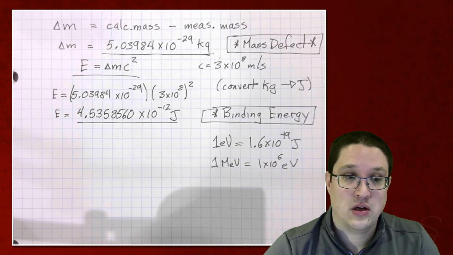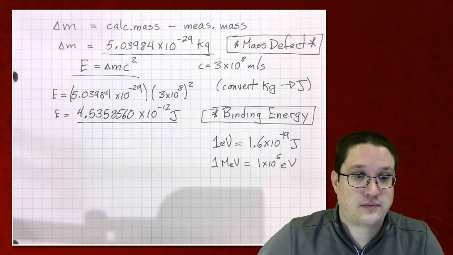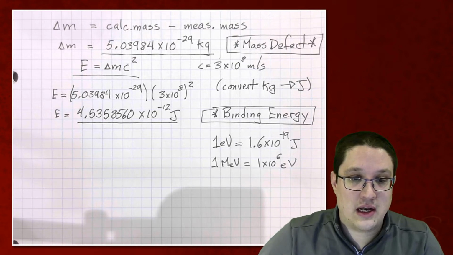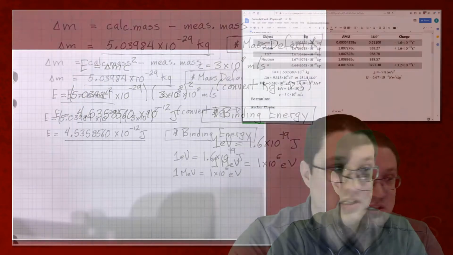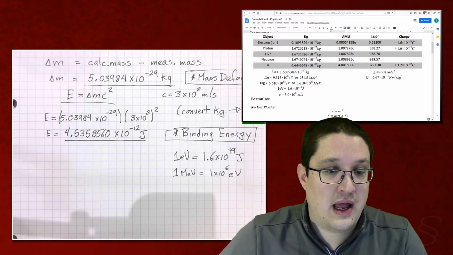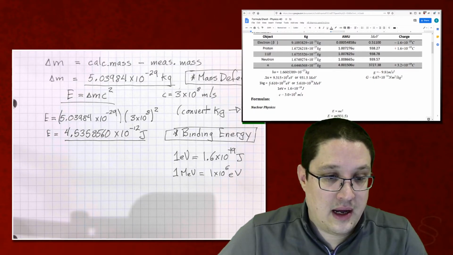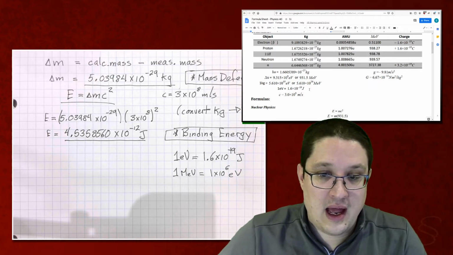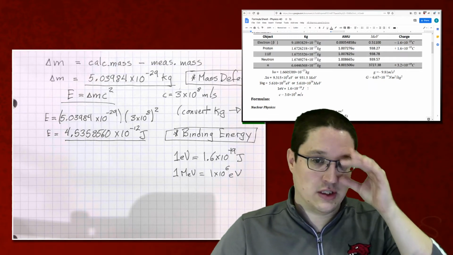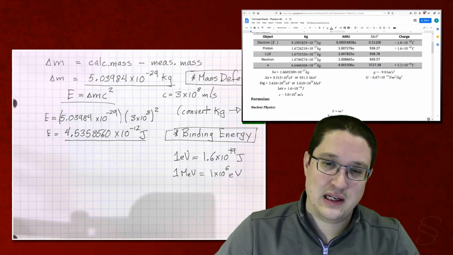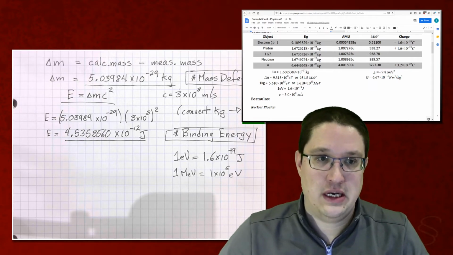If I take a look at my formula sheet, you can actually see that these formulas are on here. So I have my electron volts here, and then my mega electron volts is just there. But you can see I have a mega electron volts as amount of energy here.